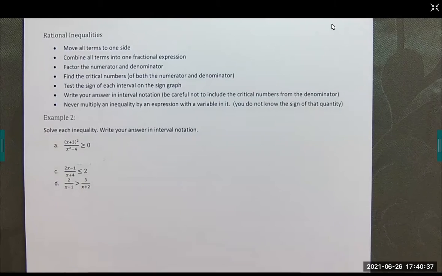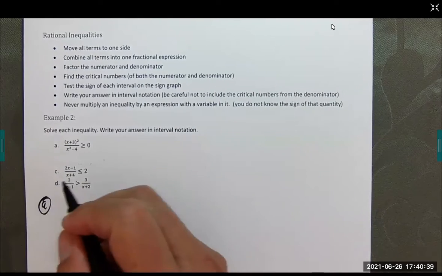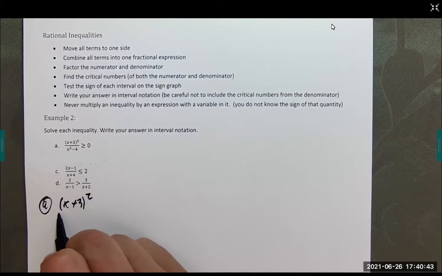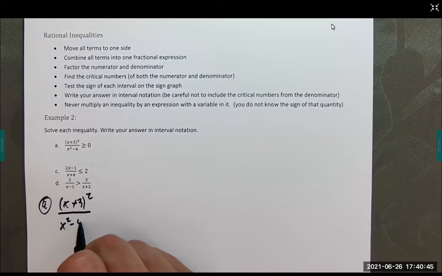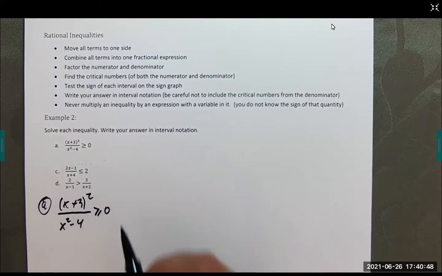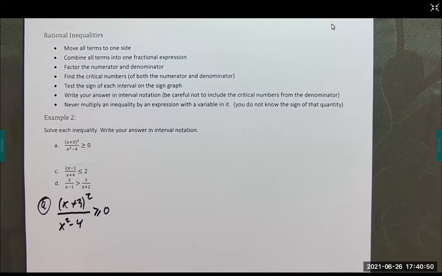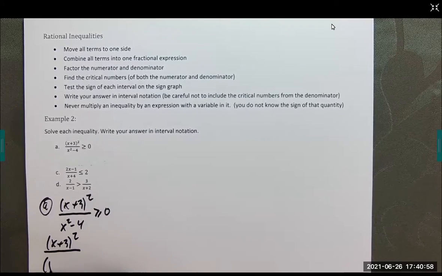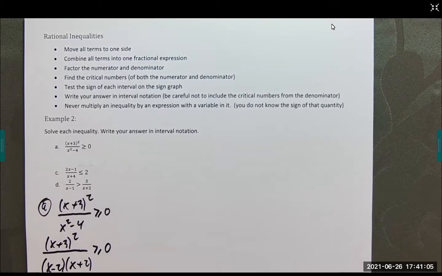So let's start with part A. We have (x plus 3) squared over x squared minus 4 is bigger than or equal to 0. All right. I'm going to factor the denominator. And what we're going to have to do is test several regions.